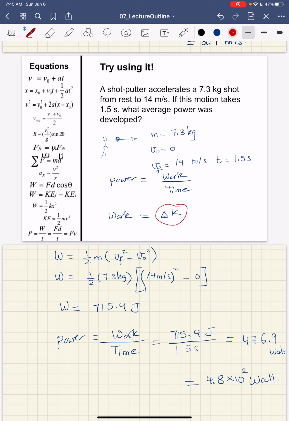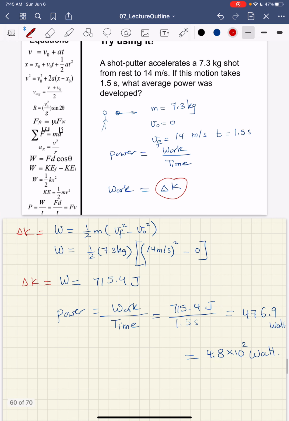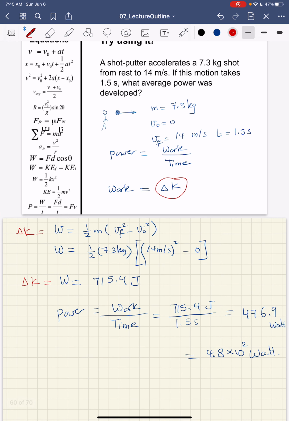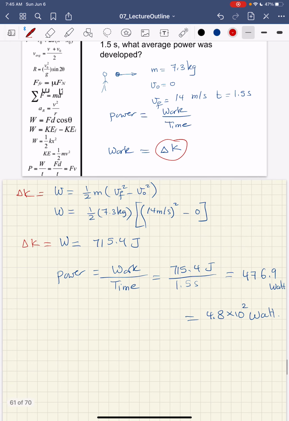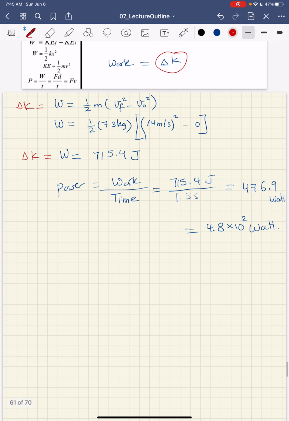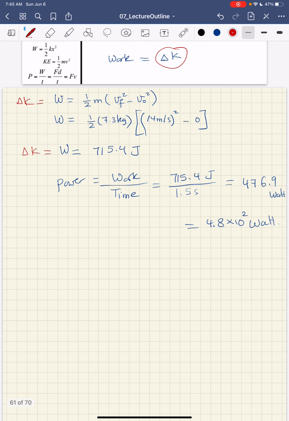The change in the kinetic energy equals the work, and we were able to calculate the work done as 715.4 joules. Then the power is the work done divided by the total time, 715.4 divided by 1.5, which is 4.8 times 10 to the 2 watts. I put my number in this notation so that my answer will be consistent with the rules of significant figures.